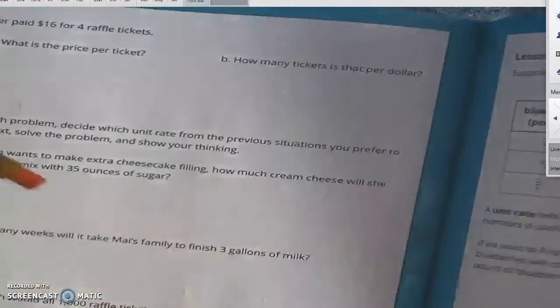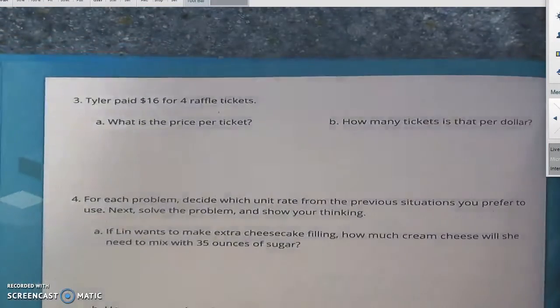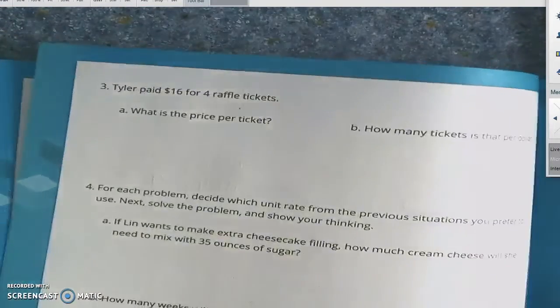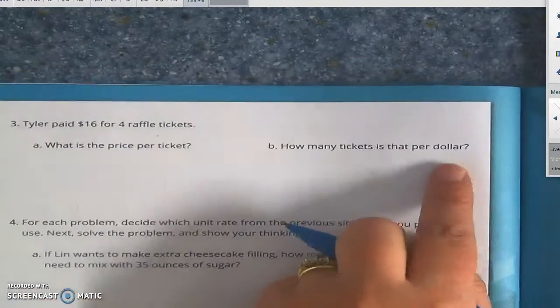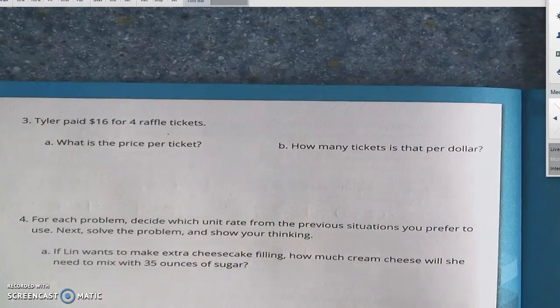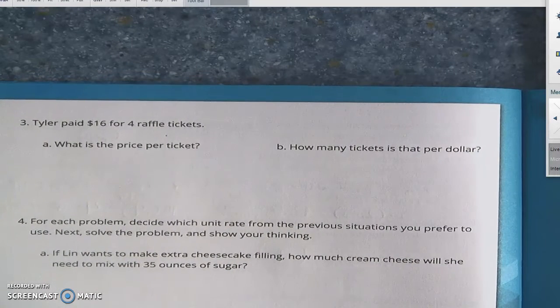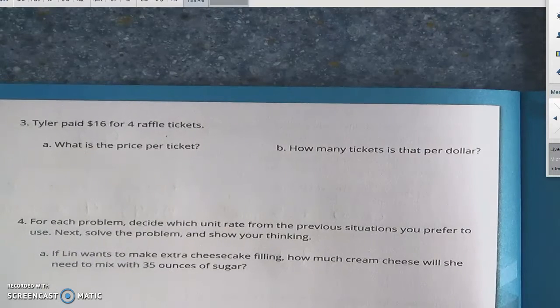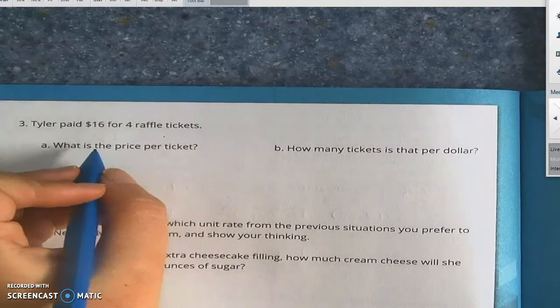Turn the page. Number 3. Tyler paid $16 for 4 raffle tickets. What is the price per ticket? And then how many tickets is that per dollar? So again, we're just finding those unit rates, so please pause me to do that. Okay, welcome back.